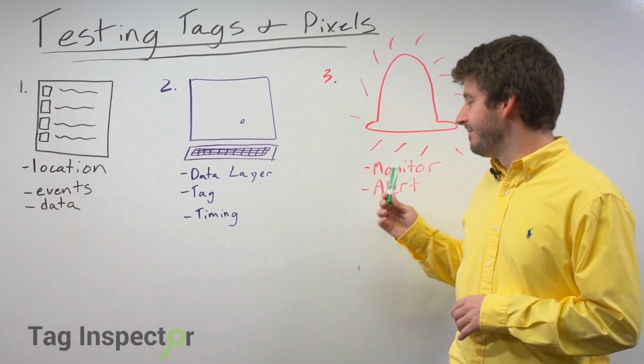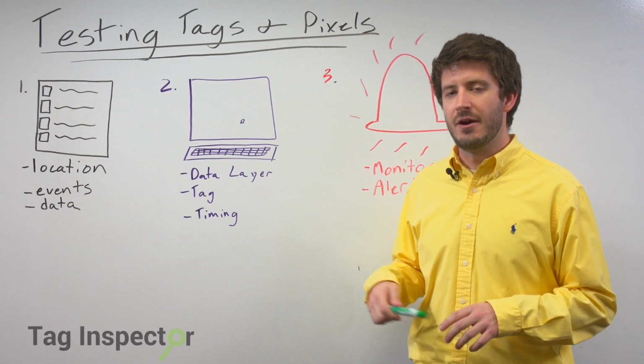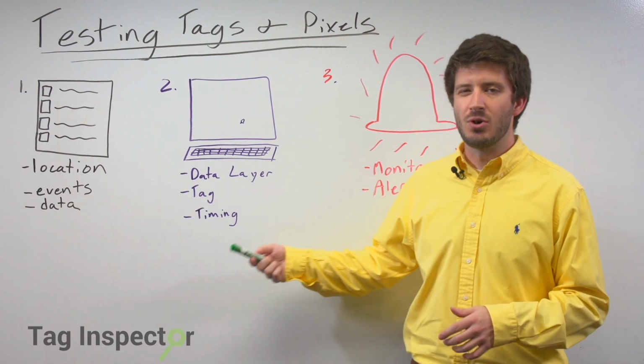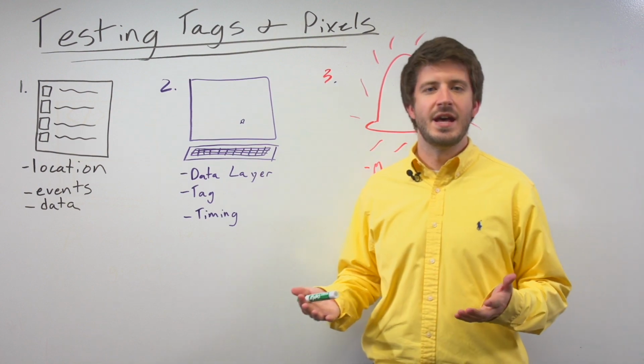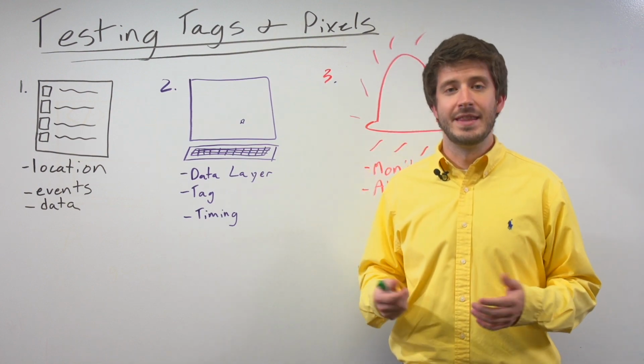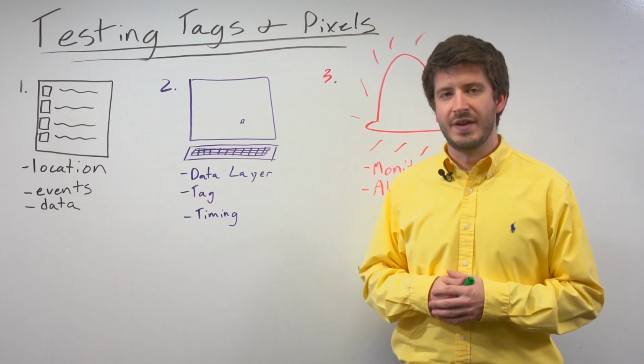For the time being, just going ahead and putting in a process for ongoing monitoring, ongoing alerting, so you can be proactive when it comes to data collection issues, and your business teams can always have the reports and everything that they need in order to really maximize the value of these different sorts of analytics platforms.